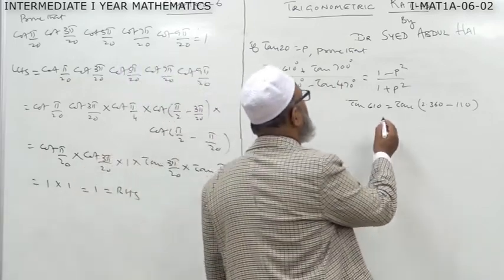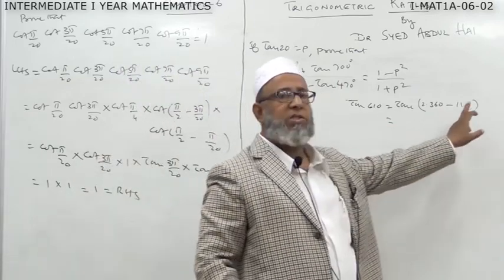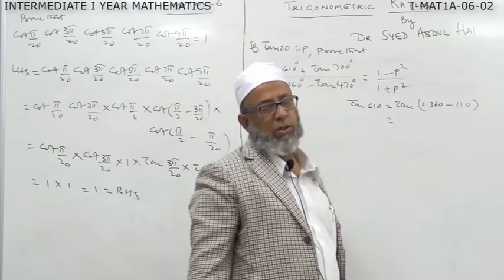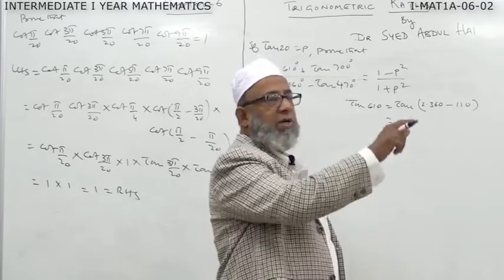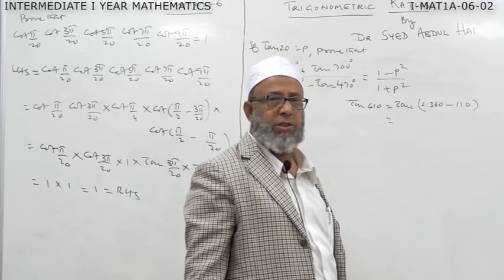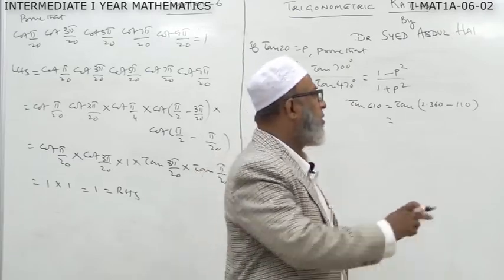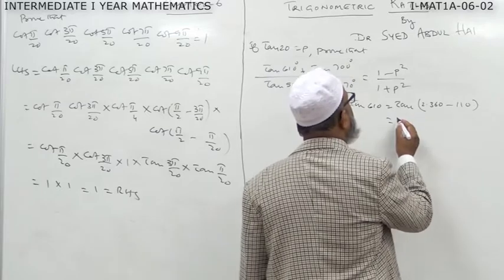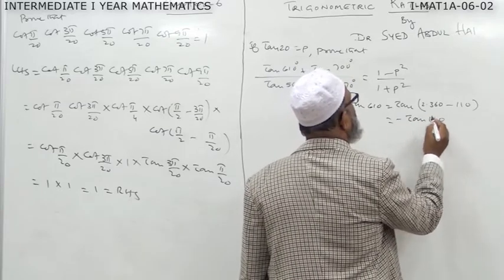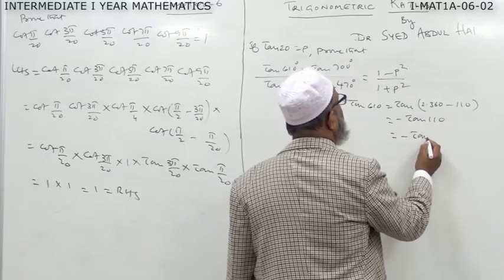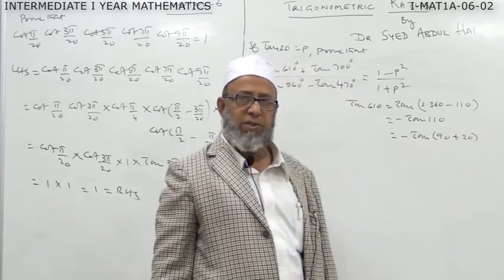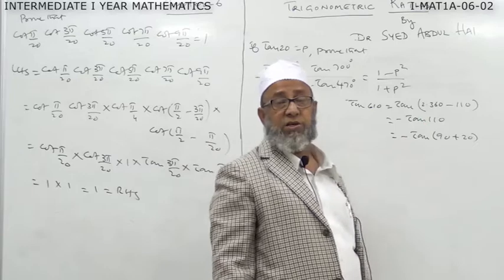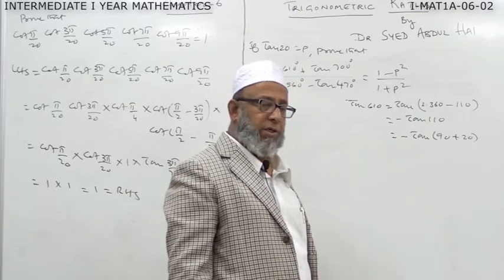Is it clear? It is nothing but 360 minus theta. Fourth quadrant: all silver teacups. Cos is positive, tan is negative. So tan of 360 minus theta is minus tan theta. Minus tan 110. Tan 110 can be written as 90 plus theta. Again, 90 plus theta, which quadrant? Second quadrant.